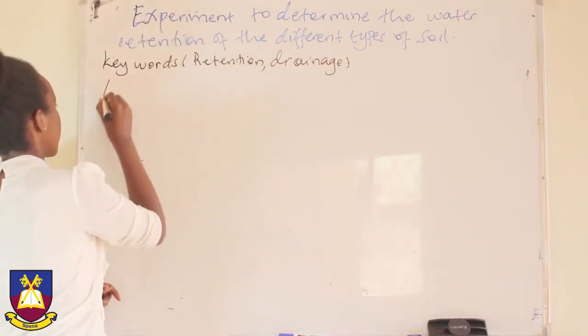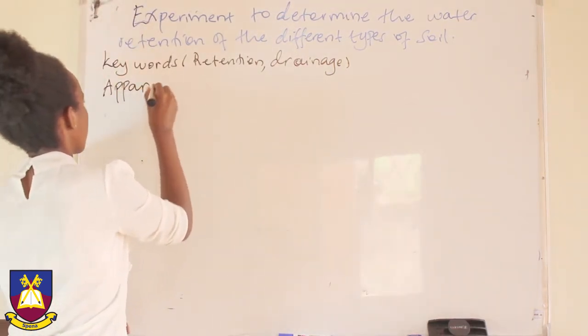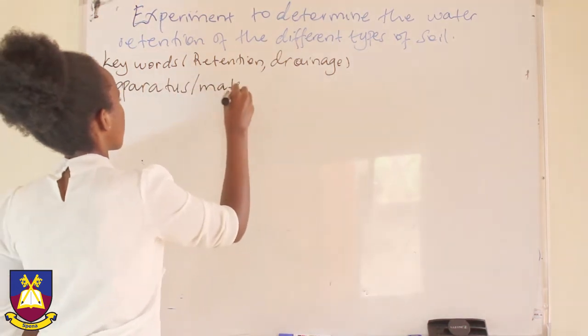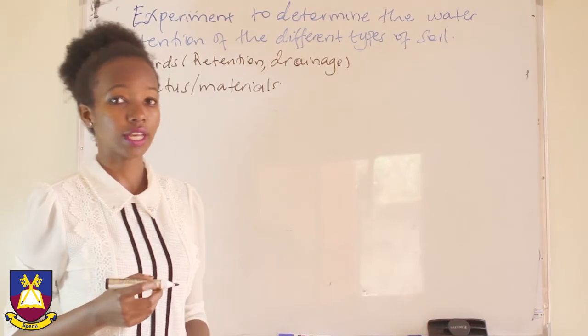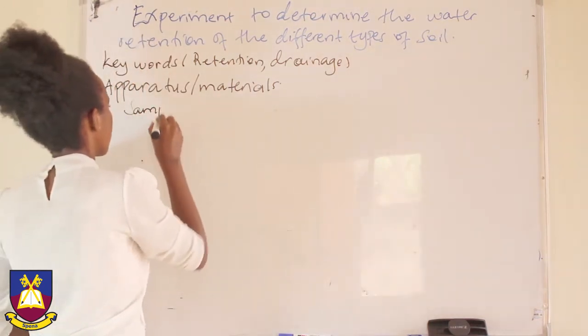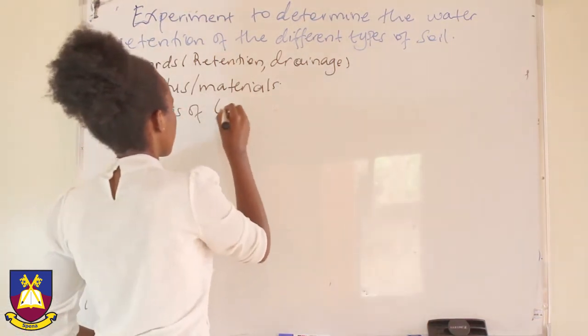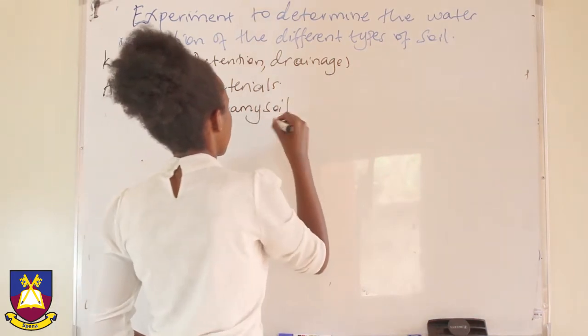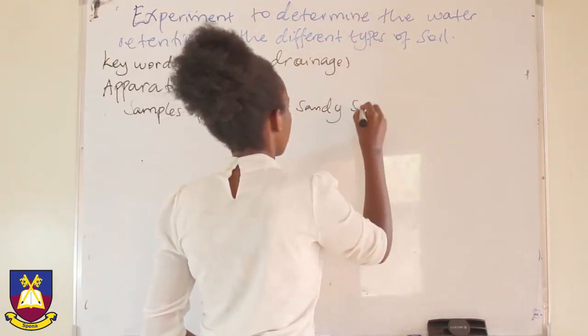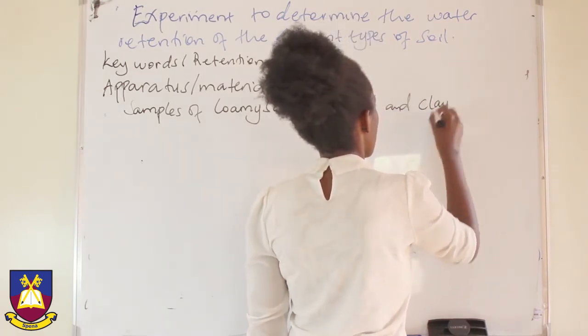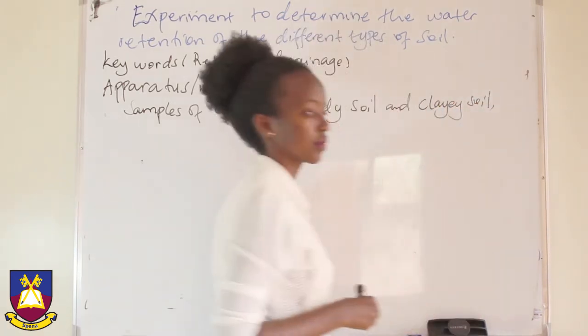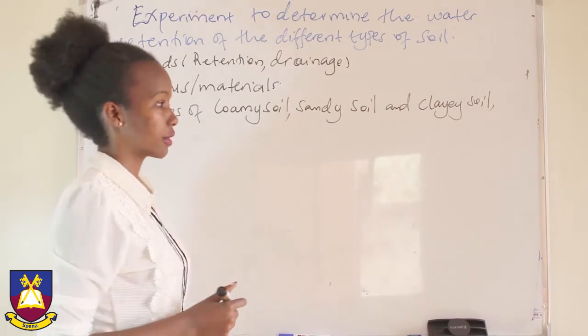Those are the apparatus. First, we shall need the different soil types. We shall need 3 measuring cylinders.